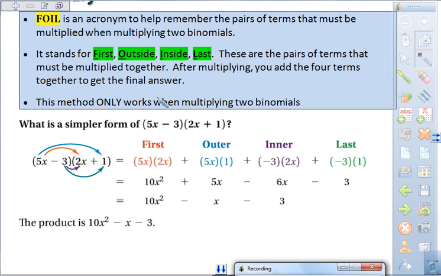So first, outside, inside, last. So it's the same thing as distributing, but it's trying to help you remember. So first would be the first two terms. Outside would be the outside terms, and then these two are the inside, and then the last two are the negative 3 and the 1. So it's the exact same thing as what we were doing. Distribute the 5x to both terms, distribute the negative 3 to both terms.